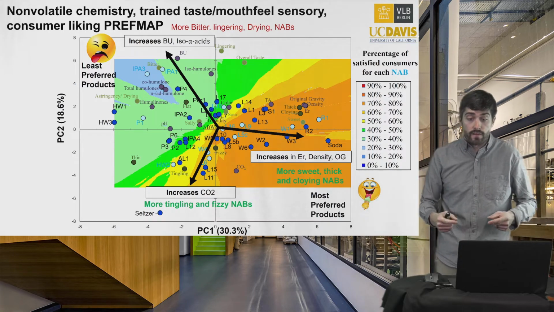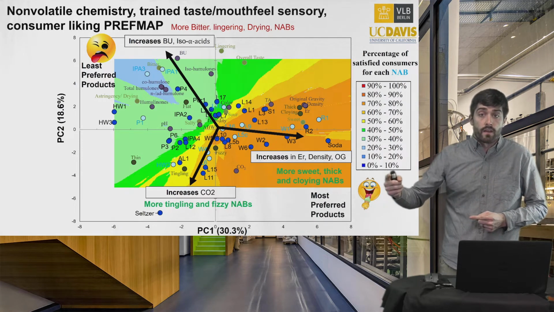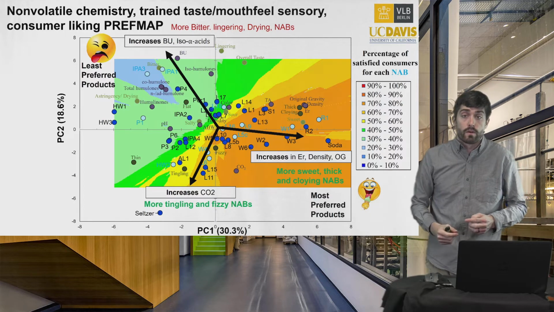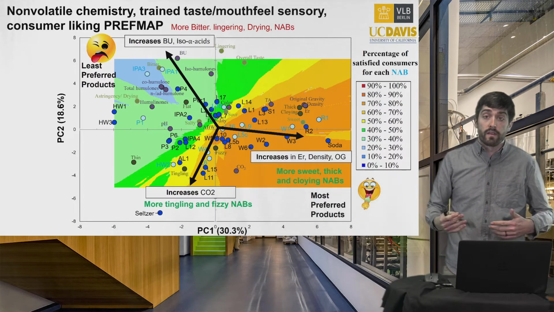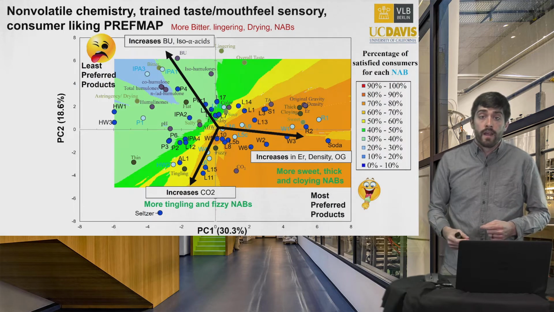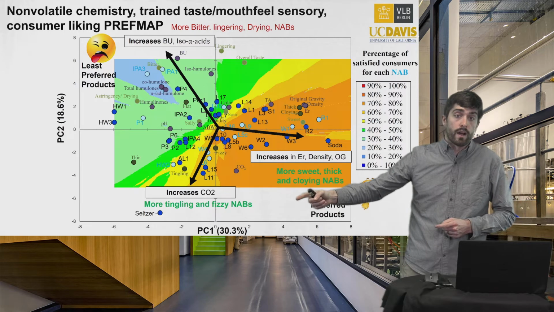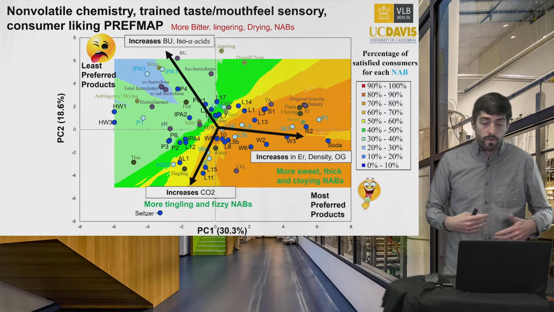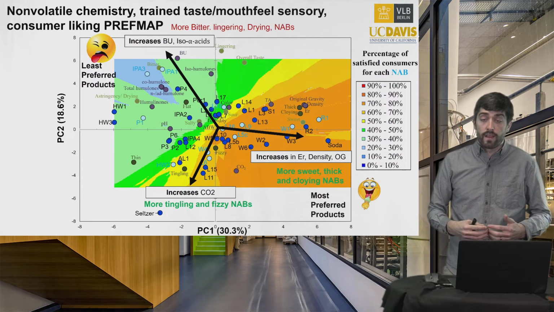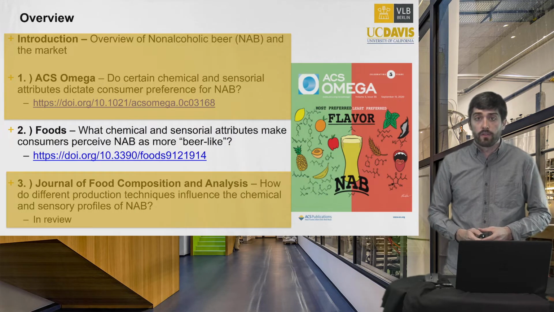And you can see that the samples over here in the orange area, those were NABs that were increasing in sweetness, and that was related to high residual extract. And the NABs down here, which were also highly preferred, were fizzier and more tingling, and that was due to higher CO2 concentrations. So let's move on to the next manuscript.